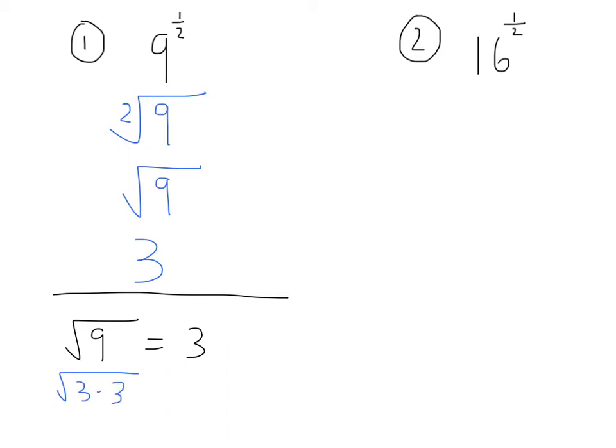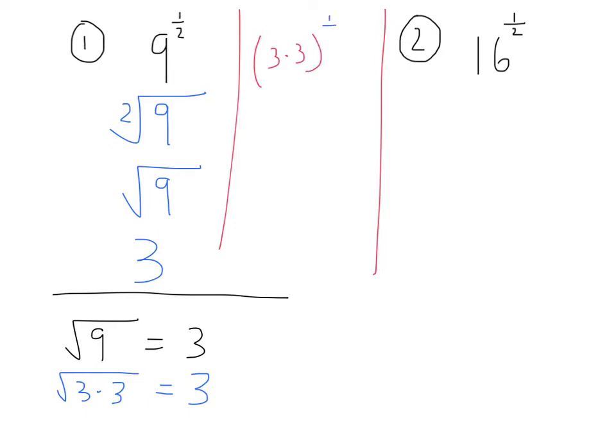By definition, the square root of 3 times the square root of 3 is just equal to 3. So if I was doing 9 to the 1/2 power, another way to write that would be 3 times 3 to the 1/2 power.